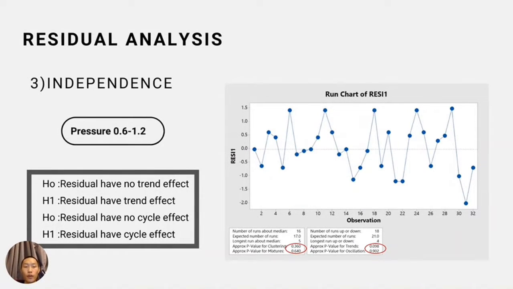Independence, we check the p-value for trend and oscillation. If the p-value is more than alpha, we assume it's okay. Fail to reject the hypothesis H0, so residuals have no trend effect and residuals have no cycle effect.